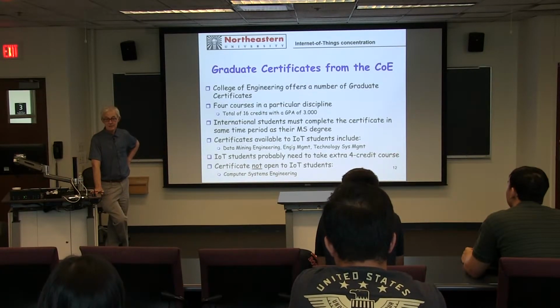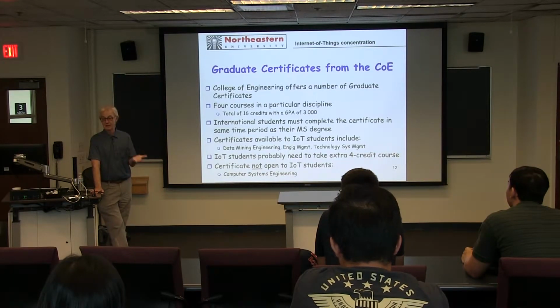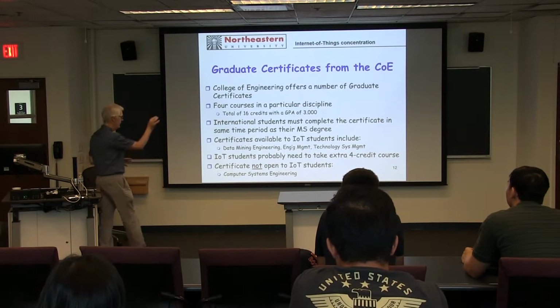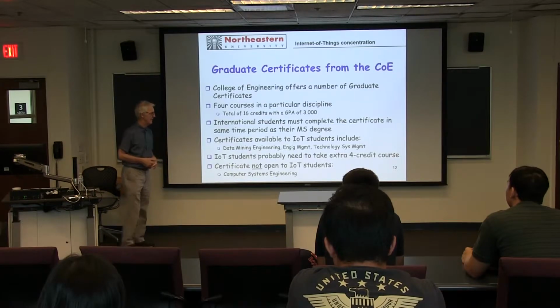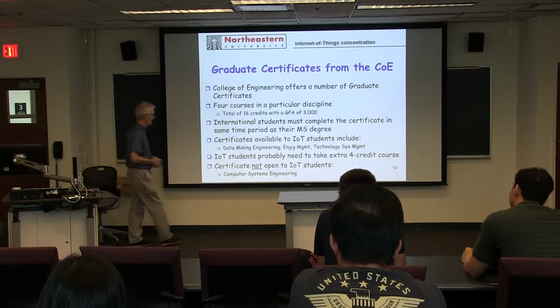And you must have a GPA of 3.000 across those 4 courses. Obviously, to graduate, you need 3.00 across your full program as well, for your master's degree. But for these particular 4 courses, you would have to have that as well.